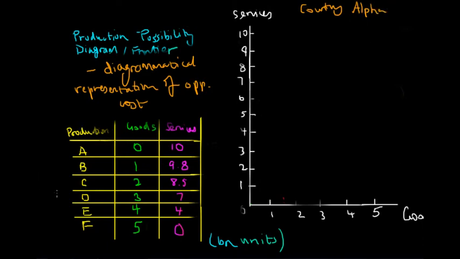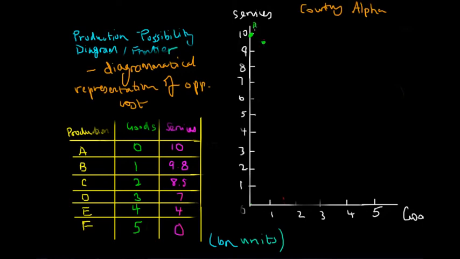Now, we can see from this graph that country alpha can produce at level A, which is 0 units of goods and 10 billion units of services, B, C, D, E, or F, respectively. Now let's map this on the diagram. So at point A we have 0 and 10. At point B we have 1 billion units of goods and 9.8 billion units of services.